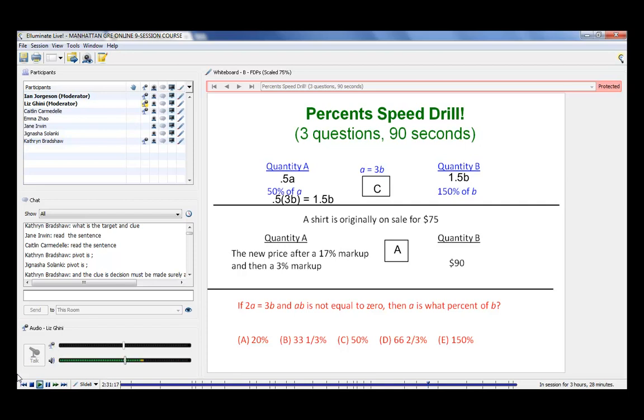The key is to just plug in the stuff in the calculator, and you have to remember what you're doing: first it's 75 times 1.17 to get a 17% markup, and then to get an additional 3% markup, you multiply this number by 1.03. And you end up with 90.3 or so, 90 and change, if you plug that into your calculator. So that one was easy.